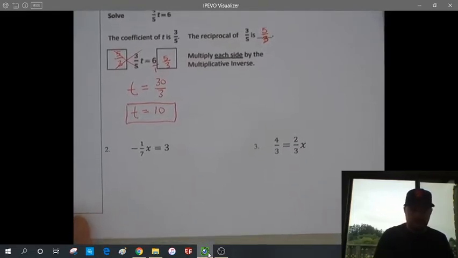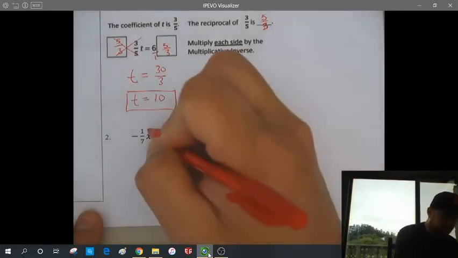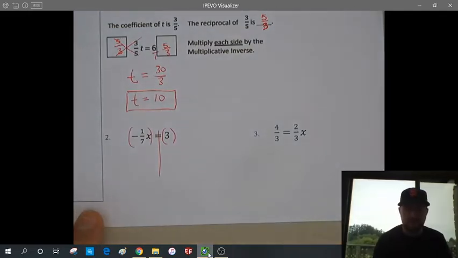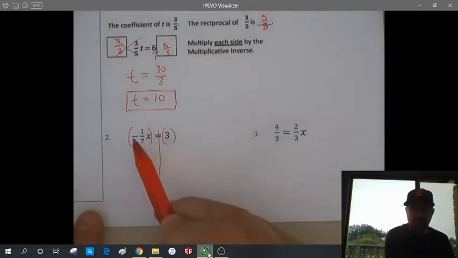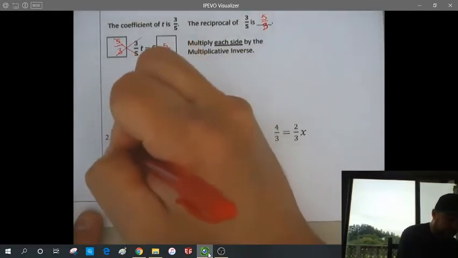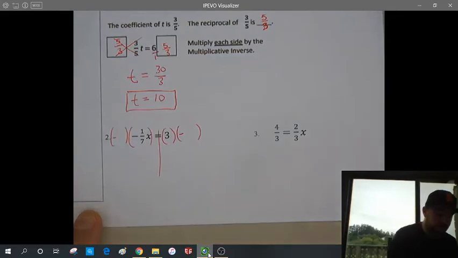Okay, a couple more examples here. So number 2, I've got negative 1/7 x is equal to 3. Again, going to get rid of that fractional coefficient by multiplying both sides by the reciprocal. In this case, it's a negative, and in order to turn that into a positive x that I want for my answer, remember that means I also need to multiply by a negative on both sides here to achieve that.